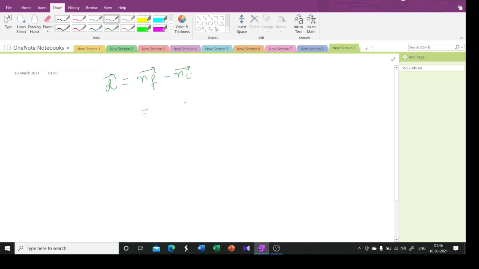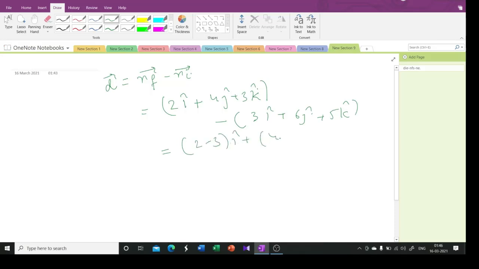So it's 2 i cap plus 4 j cap plus 3 k cap minus 3 i cap plus 6 j cap plus 5 k cap, which is simply (2 minus 3) i cap plus (4 minus 6) j cap plus (3 minus 5) k cap, which is simply minus i cap minus 2 j cap and minus 2 k cap. Okay, so it's pretty simple.